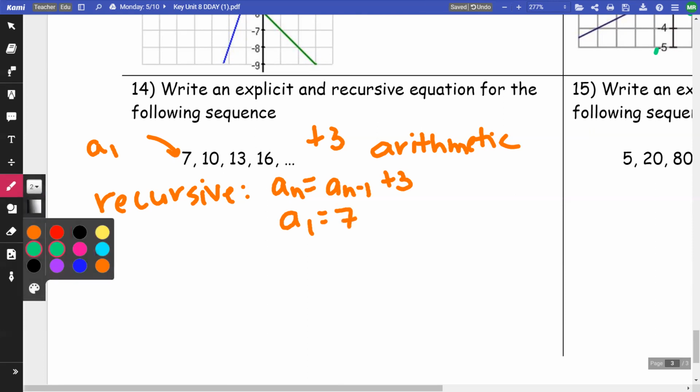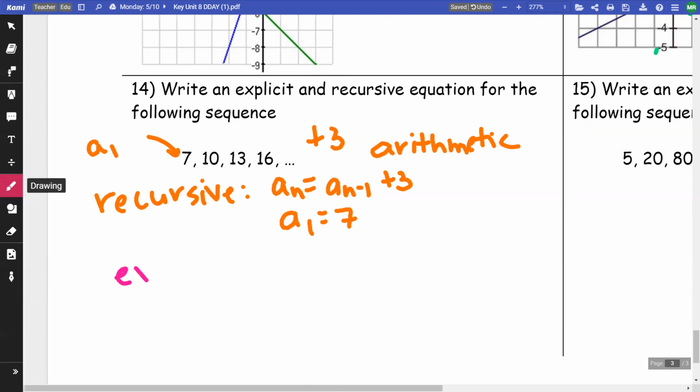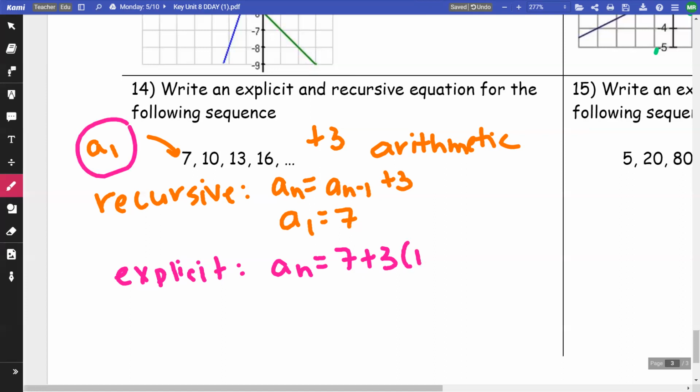Then for our explicit, we're going to start a sub n is equal to 7, we're adding, plus 3. And since I am starting with my a sub 1, this is an n minus 1.